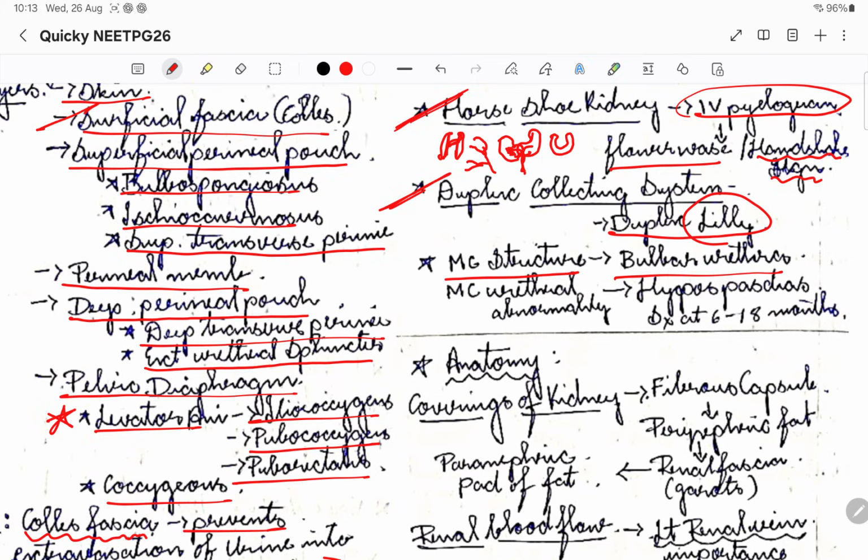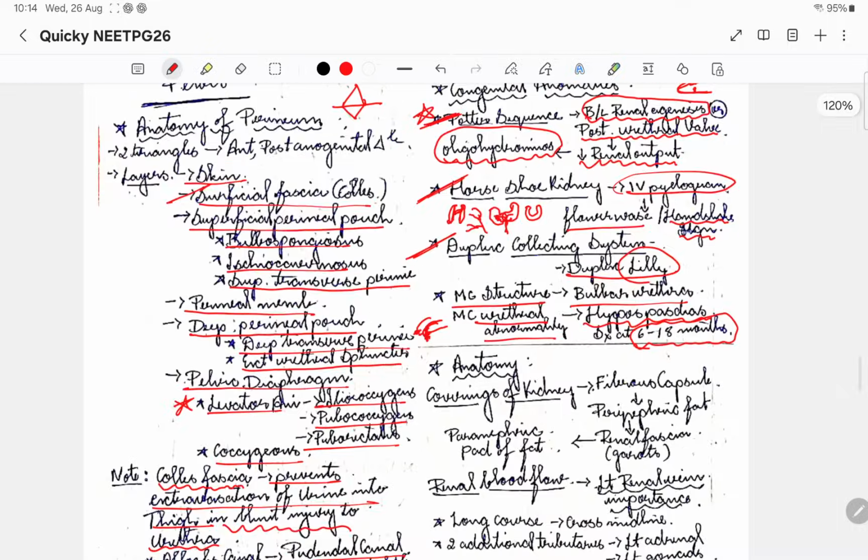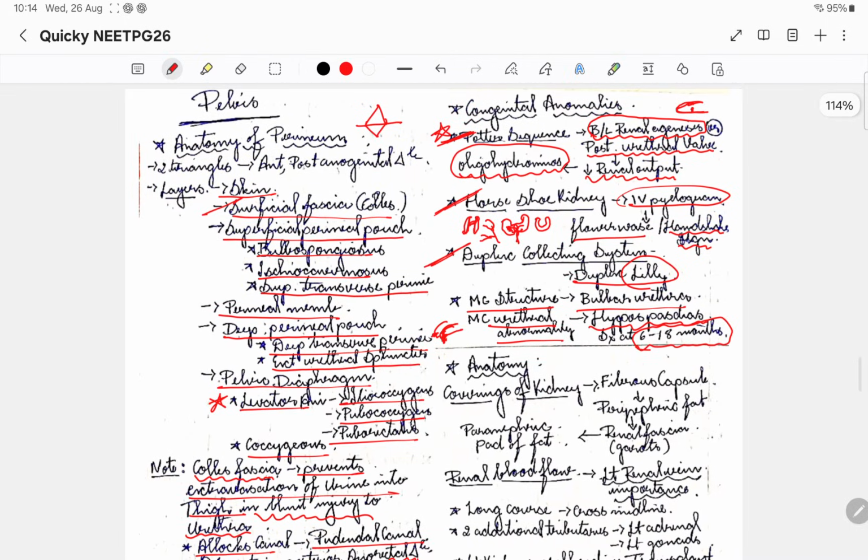Then coming to urethral anomaly, the most common urethral anomaly will be hypospadias, meaning the urethral opening in the penis will be below. The meatus was supposed to be here, but the opening will be below the penis, so that is how the urination will occur. This should be corrected surgically. It will be done around 6 to 18 months. In a 6 to 18 month child, this hypospadias will be corrected.